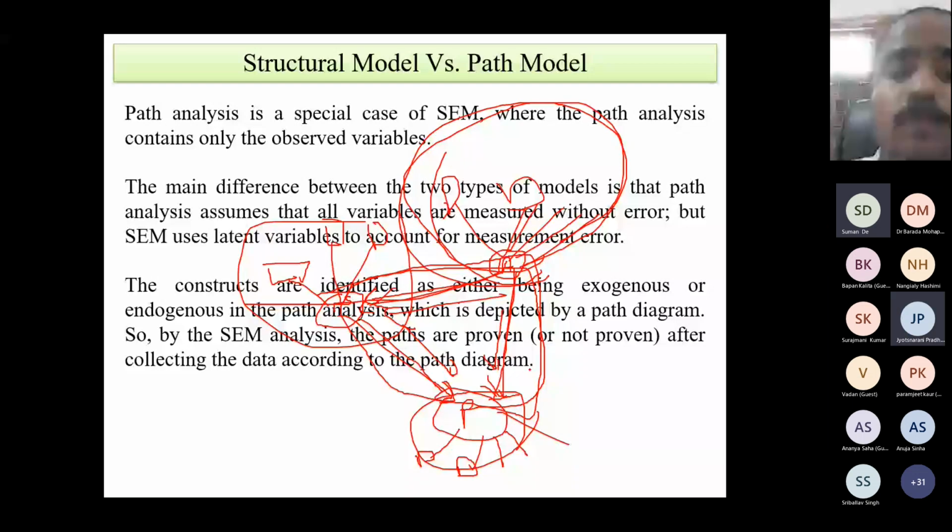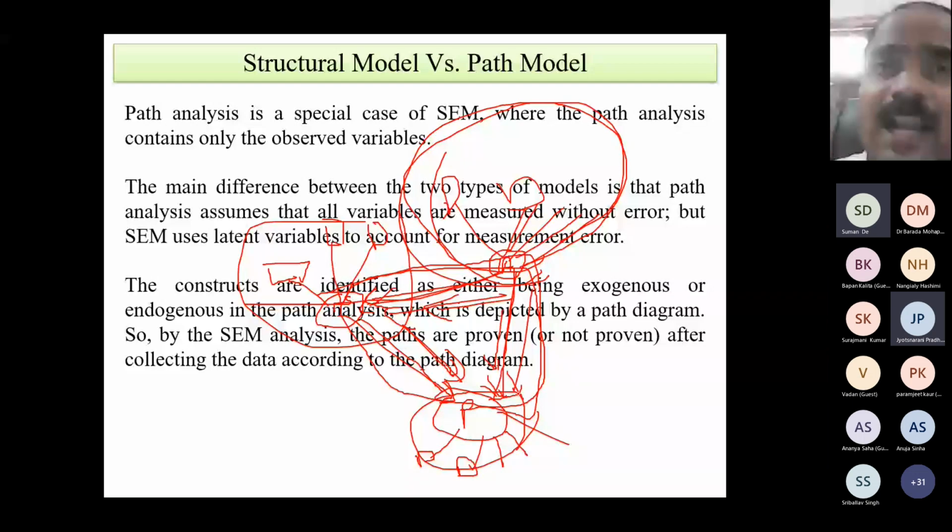Simply take the three analyses: attitude to satisfaction, satisfaction to performance, and attitude to performance. If you have obtained these three relationships from the literature, that is, from an existing theory or concept or model, then only you can connect.